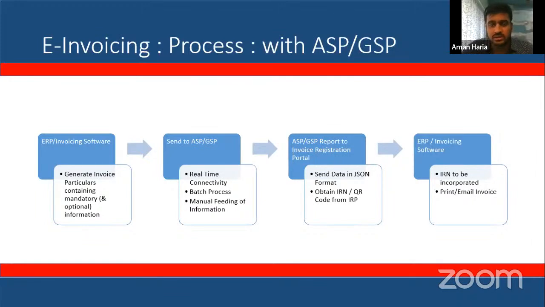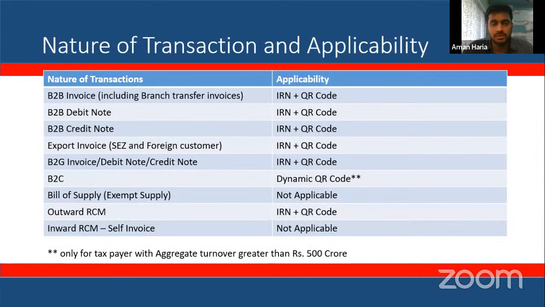So the entire process might sound a little tricky at first, but as other taxpayers have got used to it, I think with time, it will settle down quite well. So to summarize, what we've done is we have basically plotted the nature of transactions and their applicability on a single screen.